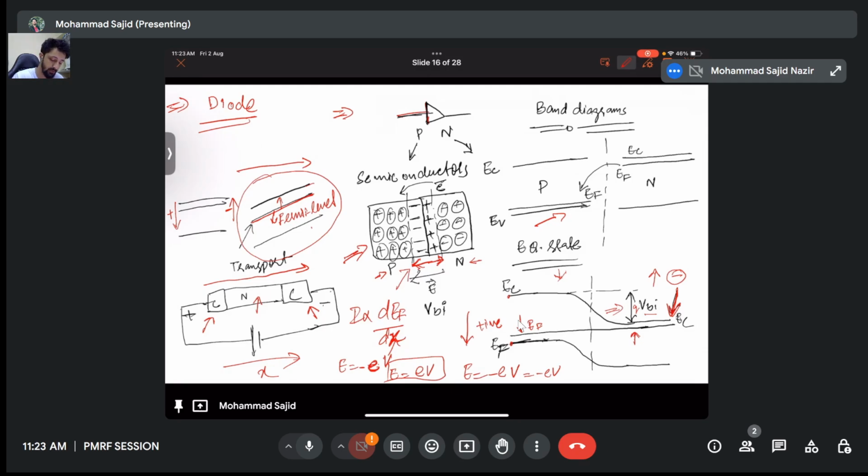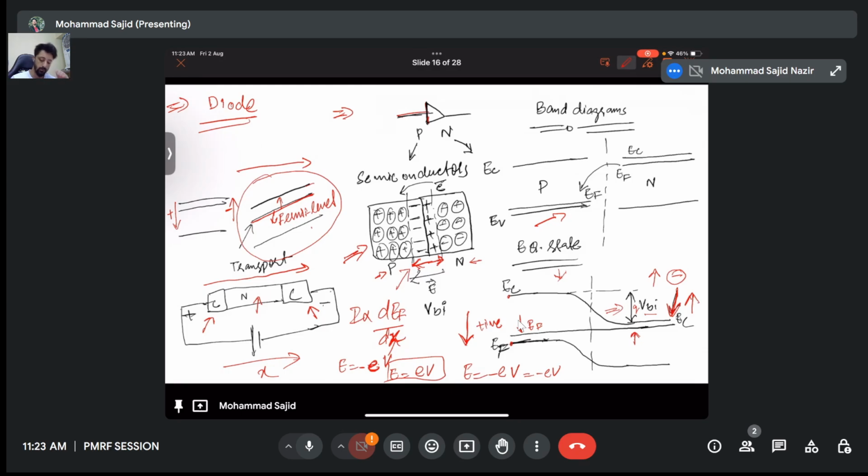Alright. So what happens in forward bias? In forward bias, we discussed that when you apply a positive potential to a system, its energy goes down, and when you apply a negative supply, these bands will go up, and when you apply positive, these bands will go down.